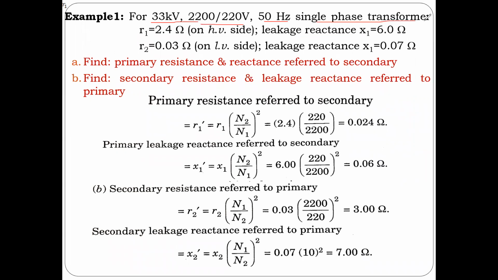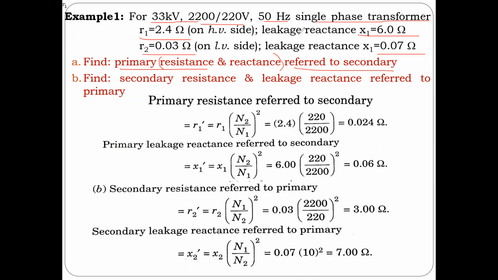The resistance of the primary coil is 2.4, secondary is 0.03 ohms. The leakage reactances are 6 and 0.07. Now you need to find the primary resistance and reactance referred to the secondary. So we want to take primary R and X referred to the secondary, and then we also want to see what happens when you refer the secondary R and X to the primary.